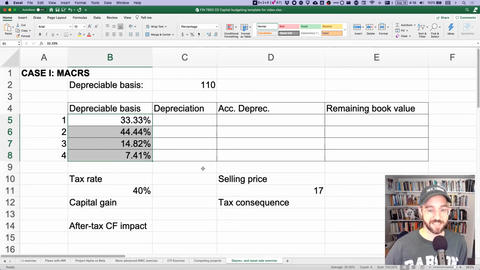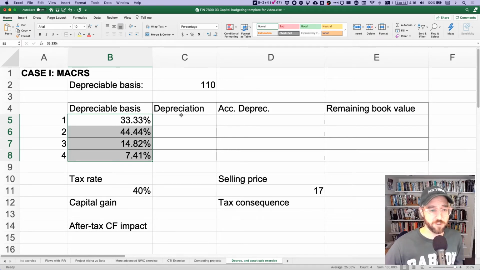The fact that these numbers add up to exactly 100% after 4 years tells us that this asset is being depreciated over 4 calendar years, which, just to keep things confusing, means that we would often call this a 3-year MACRS depreciation schedule, because 3 years starting in the middle of year 1 and ending in the middle of year 4 hits 4 calendar years, even though it's actually only 3 actual years. Sorry, that's confusing. I often find it confusing. You may see this described as a 3-year MACRS depreciation schedule.